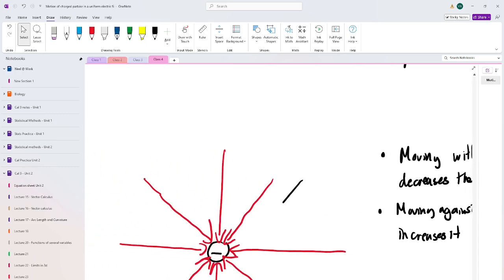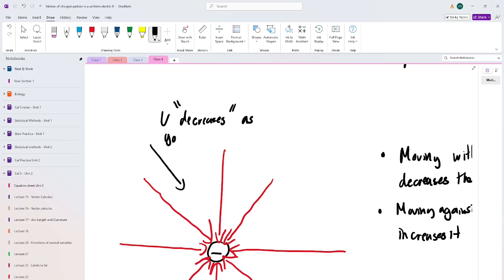So, V, maybe I'll do it over here. As we go inwards, V decreases. I'll put quotation marks around it just to show that decreases means the value gets lower and lower. V decreases as you move inward. And then, of course, V increases.